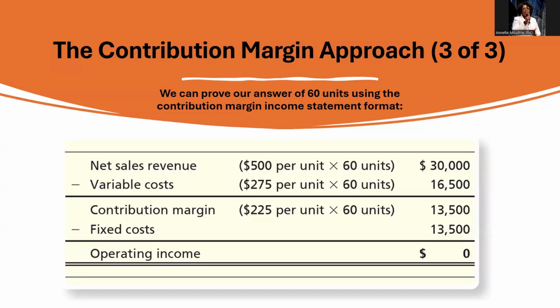Here on this screen, it illustrates how we can prove our answer using the contribution margin income statement format. So you have net sales minus variable costs. You have your net sales at $500 per unit times 60 units, which is $30,000.